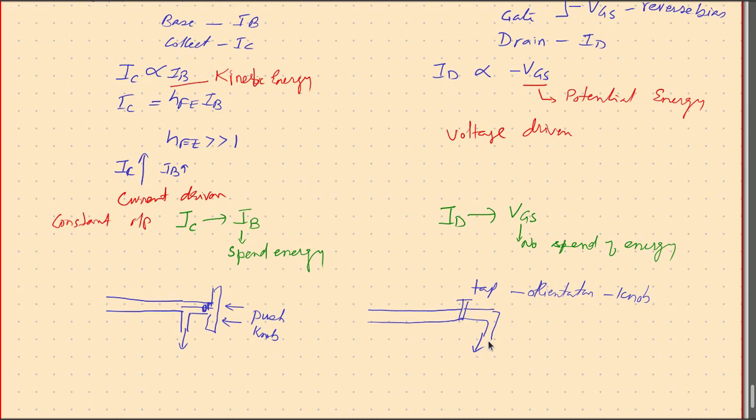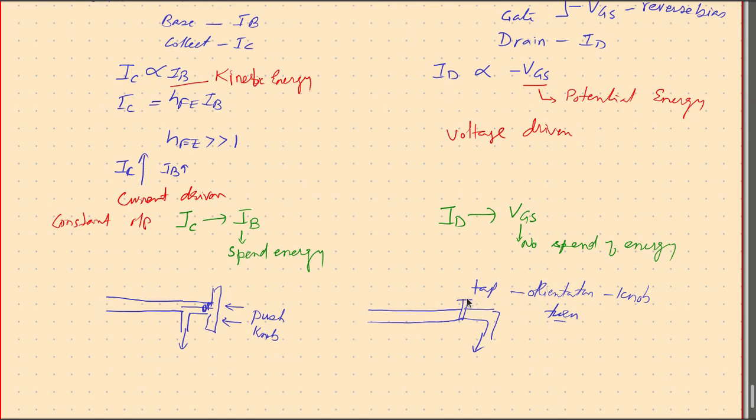In another orientation, water will not flow. So if the water is not flowing and you want water to flow, just turn the tap, and it starts flowing. As long as you keep the tap in that orientation, the water continues to flow. You don't have to do any extra work, just rotate it once and it continues to flow. Here, if you want water to flow for some time, then for all that time you need to ensure that somebody is pushing this knob. Whereas here, you don't have to, just keep this tap in that orientation, that's sufficient.